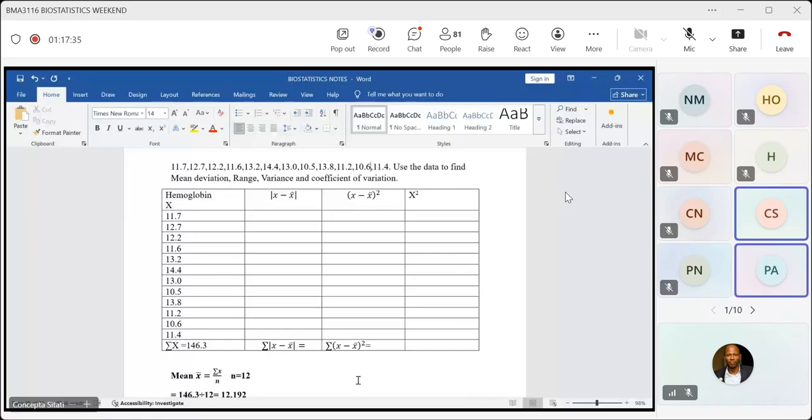Excuse me, Daktari. What did you say about the two figures, 13.0 and 10.6?